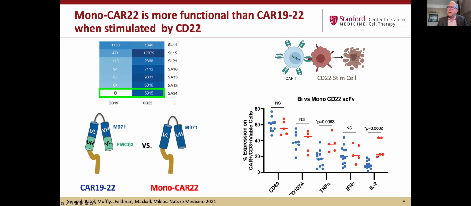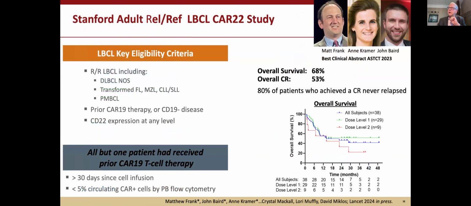And we went forward with a second clinical trial using the CAR-22 in patients who had already received CAR-19 and whose tumors progressed on average 3 months after the CAR-19 therapy. This has been a huge success because in this study of 40 patients, in the 29 receiving the recommended dose level going forward, we have a 53% complete response rate. These were patients who already received CAR-19 and are now getting the CAR-22. And 80% of the patients who achieved the complete response have not relapsed beyond 2 years.